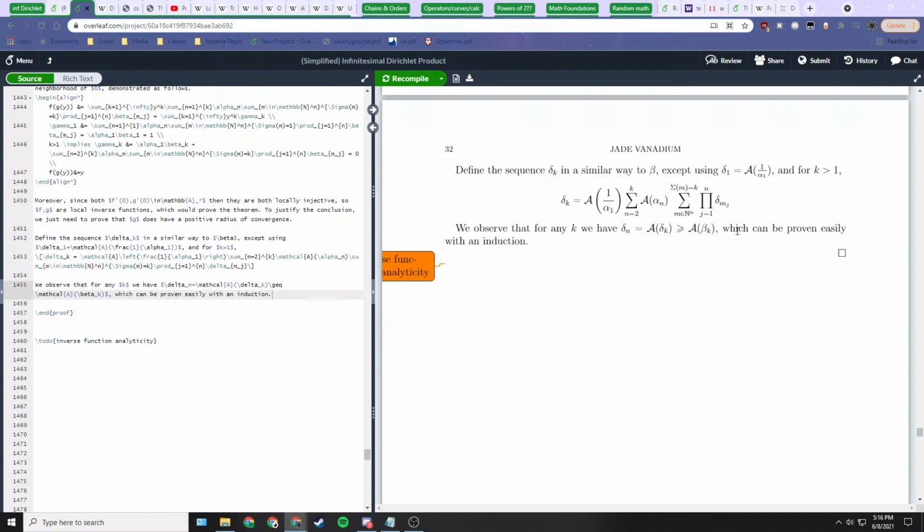This is like the stars and bars problem from combinatorics. Since they all have to be positive, I think we can just say instead of doing k stars, we can do k minus n stars and still n bars.